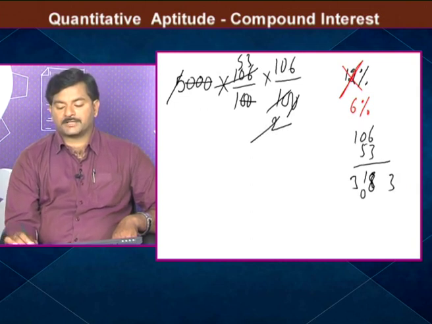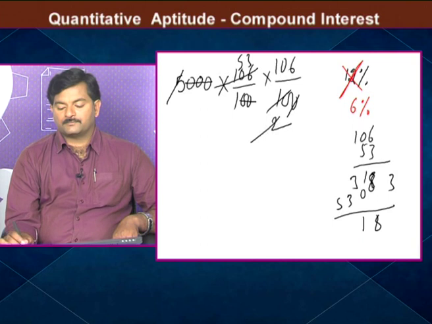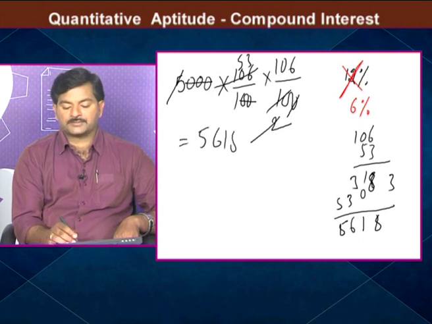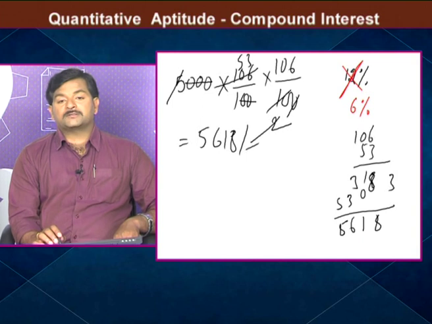Again 3 5s, what am I getting? 8 1 6 5. So what am I getting here? 5,618 rupees. But what did he ask you to find?